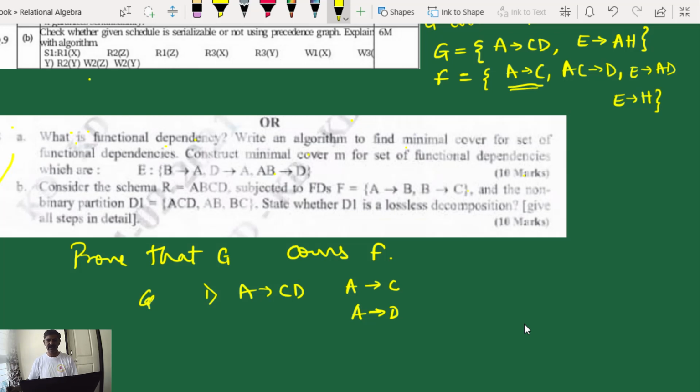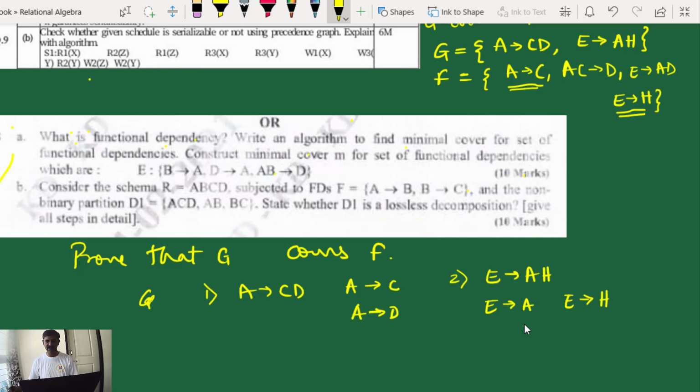Now, the second one is we have to somehow show that AC arrow D. Okay. So let us write down the other functional dependencies using the second FD in G, that is E arrow AH. So this also can be used using decomposition, E arrow A and E arrow H. Okay, so as you can see, we have covered one more functional dependency here. So two functional dependencies are covered, right?